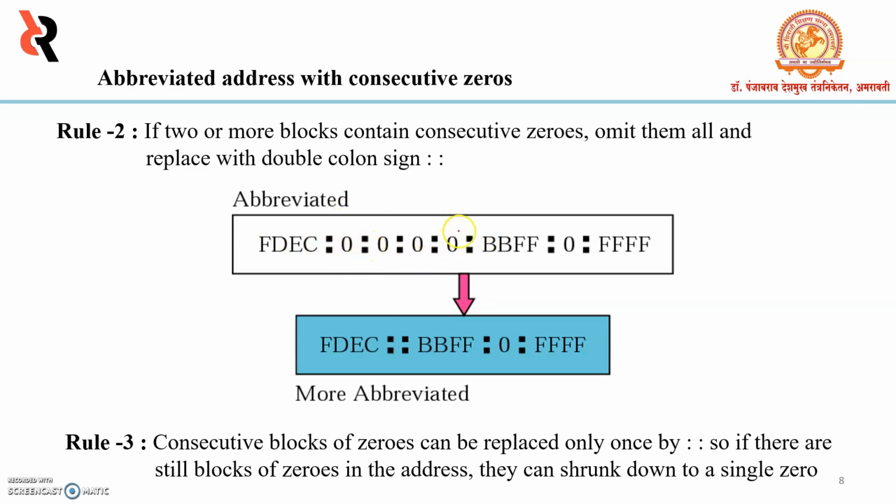You can use double colon, but provided that all the hex states containing the zeros must be consecutive. So here we represent any single contiguous string of 2 or more hex states consisting of all zeros.